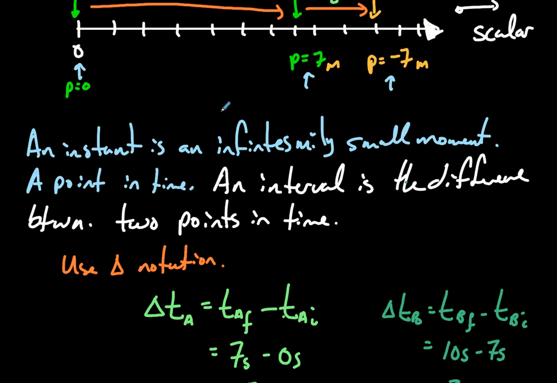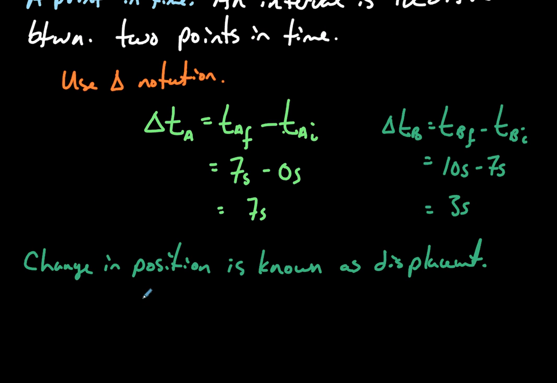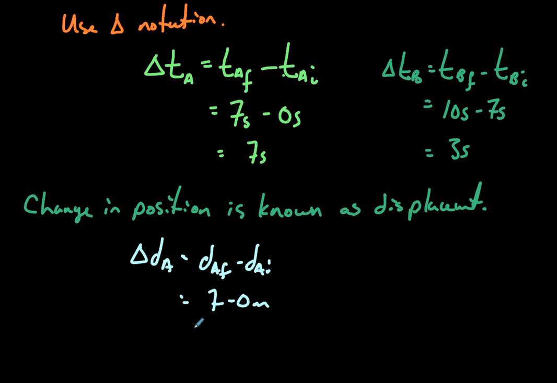Okay, so 7 meters would indicate 7 to the right. So we would say for delta D A, again we have dAf minus dAi, 7 minus 0 meters, and total change of 7 meters, right? So these are our instantaneous positions, and the interval between the positions is called displacement.